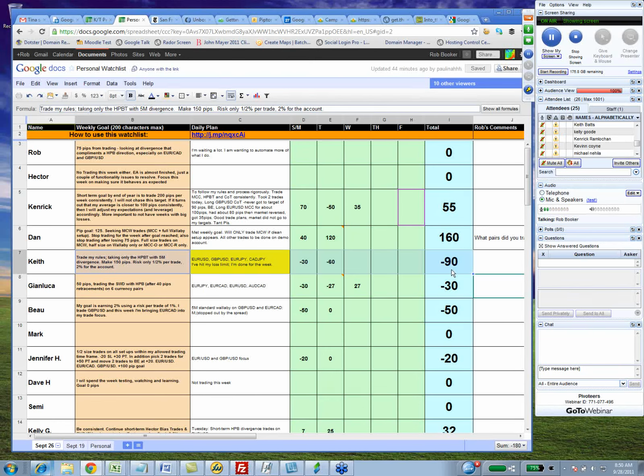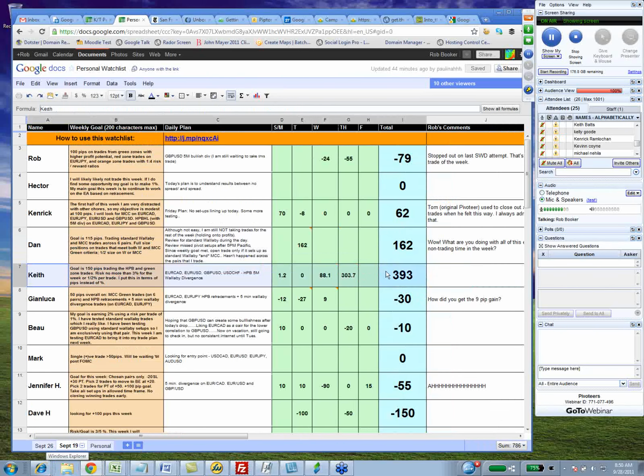Keith will start next week and do the same thing he did this week, and it could produce another negative 90 pip week. Keith isn't going to get fired from the hedge fund for this performance. He's not going to get promoted either, but he's not going to get fired for it, and eventually Keith is going to have another big week. And over time, what Keith is trying to do is have some stability with respect to his returns.